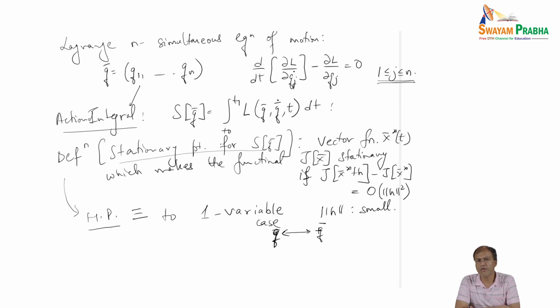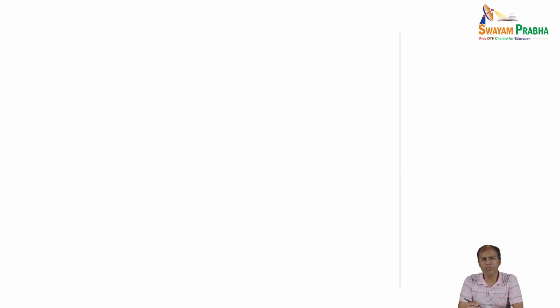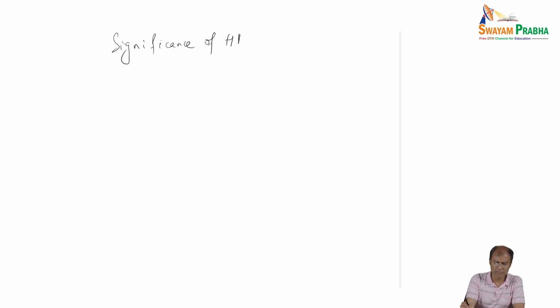So let us write down and highlight the difference as well as the superiority of approaching the problem using Hamilton's principle or the calculus of variation. So the idea is, why go through so much pain when Newton's equations of motion are present? The fruit or the success lies in realizing the significance of Hamilton's principle.